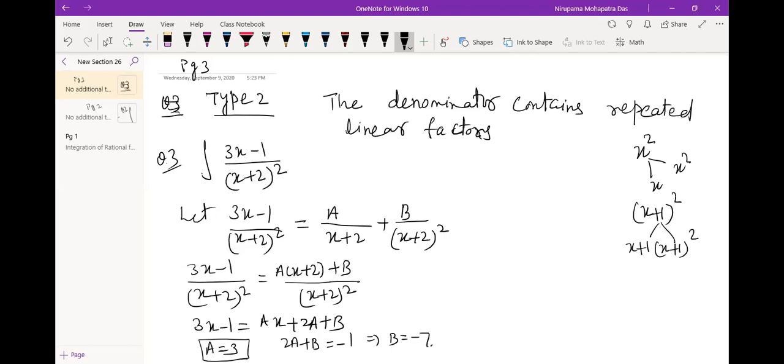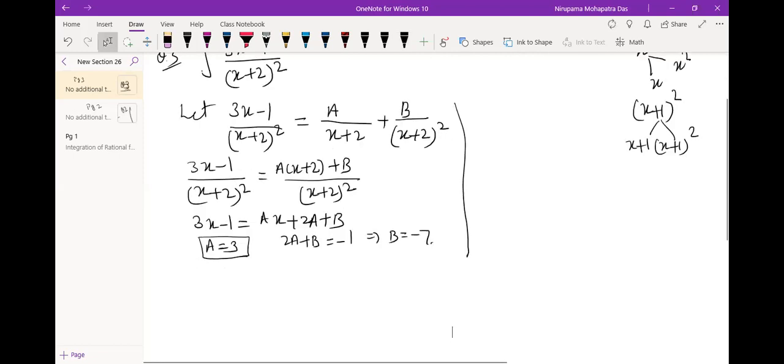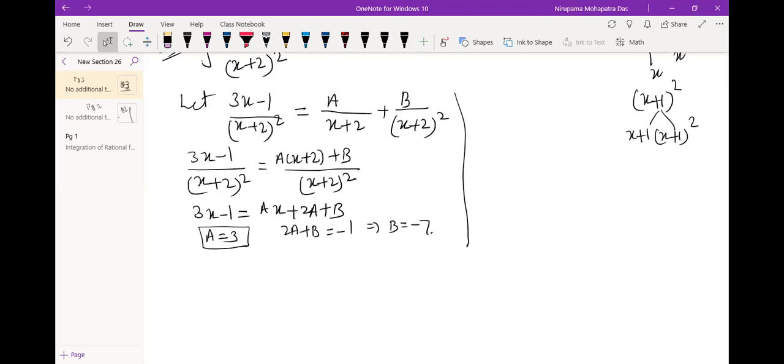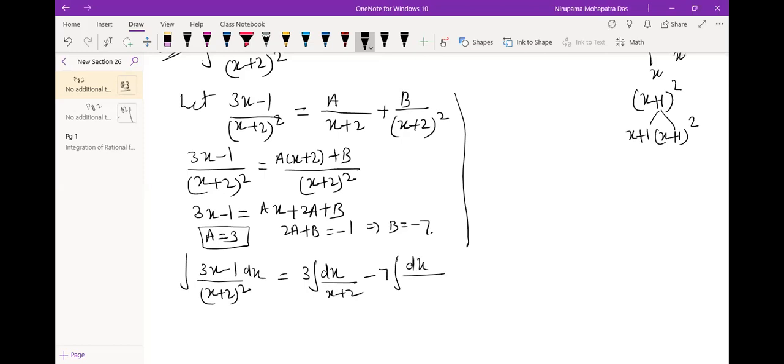Now coming to the integral part. The integral of 3x minus 1 divided by x plus 2 whole square is equal to, with a equal to 3, 3 dx by x plus 2, and b equal to minus 7, so minus 7 dx by x plus 2 whole square.